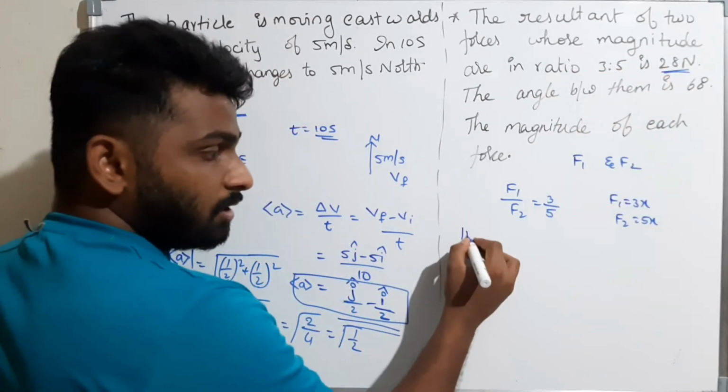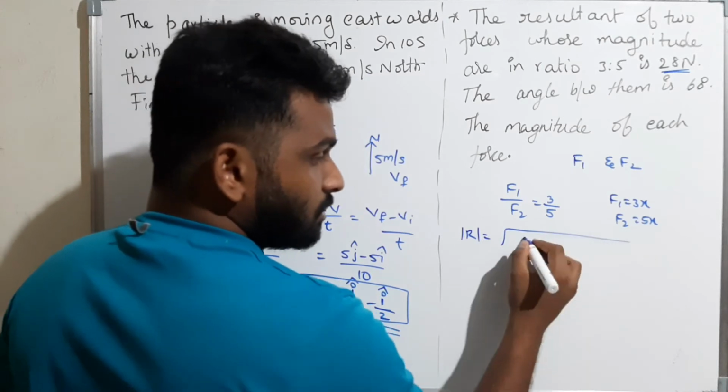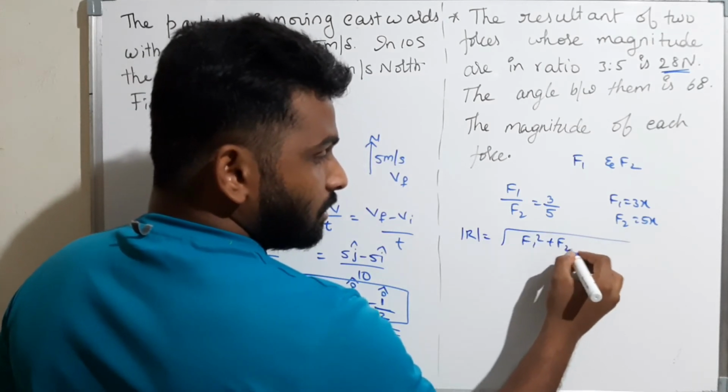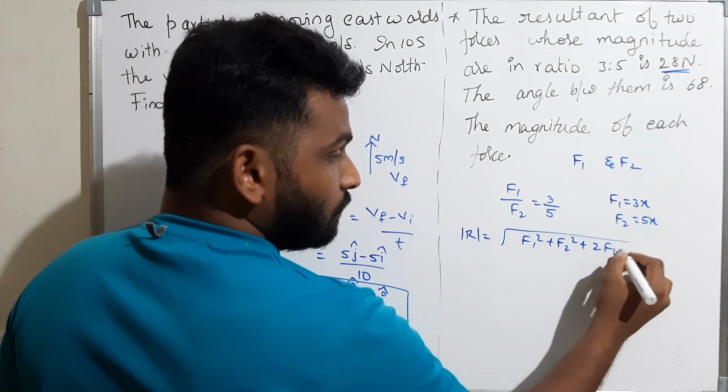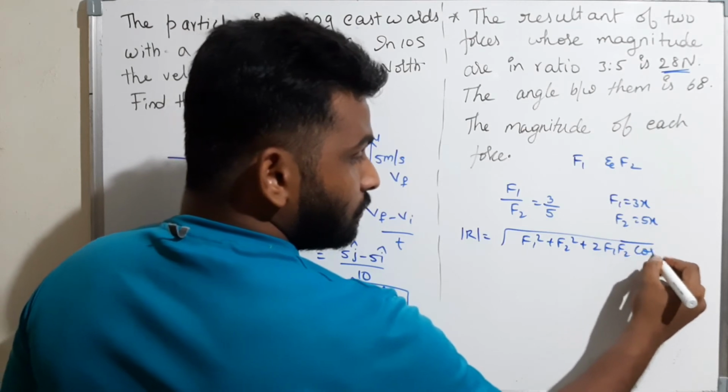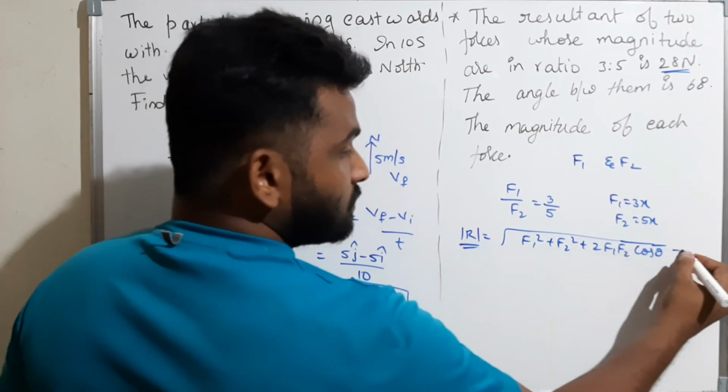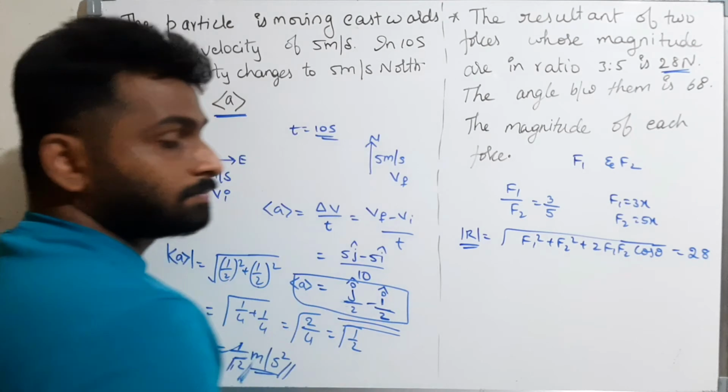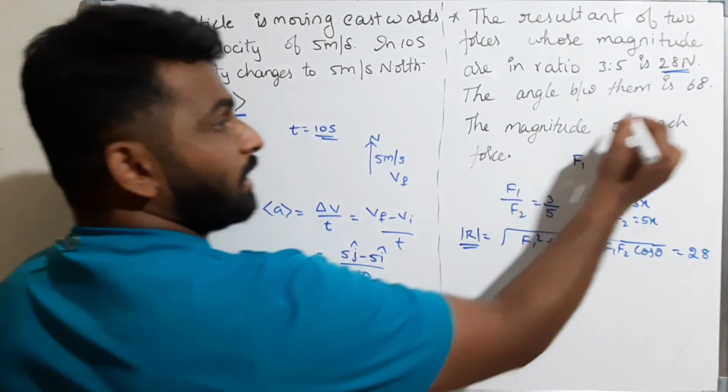That means, what is the resultant of two vectors? It is F1 square plus F2 square plus 2 F1 F2 cos theta, and this resultant they gave us as 28. The angle between them is 60 degrees.